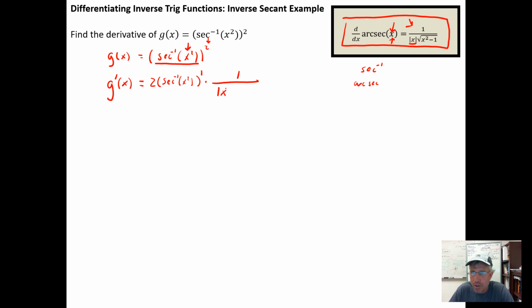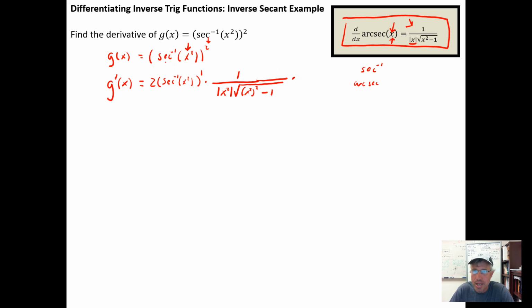So the absolute value of x squared times the square root of the stuff inside the arcsecant function squared. So it's going to be x squared squared, and then minus 1.